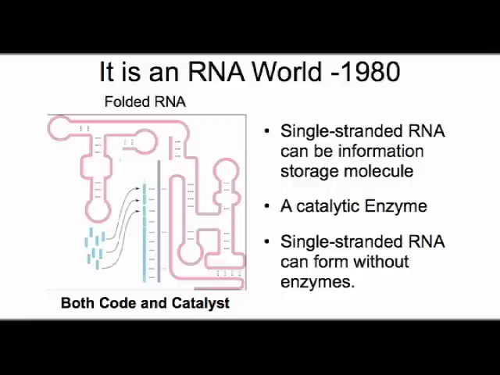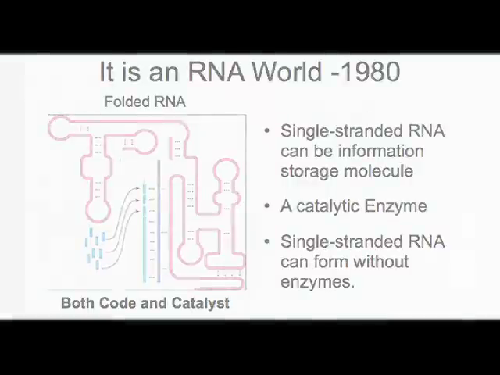And that molecule can store information in its strand. That's how it brings information from the DNA outside of the nucleus. And they found in the early 80s that these RNA molecules could function like an enzyme. The single-stranded RNA can actually cut itself without a protein enzyme. So they call it a code and a catalyst.